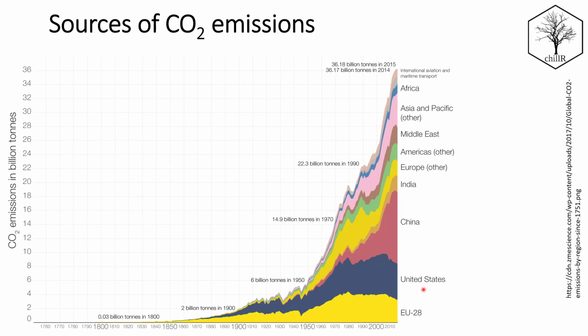This is the same figure here, or the same numbers basically, but with some additional detail, we can see where these emissions come from. We see the European Union here is a major contributor. United States, China is the biggest factor now, partly because they produce all kinds of stuff for the rest of the world right now, and then the other regions are also there.